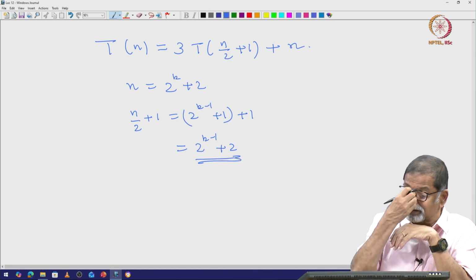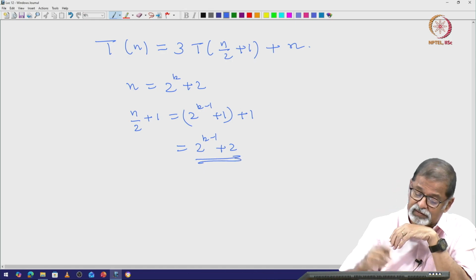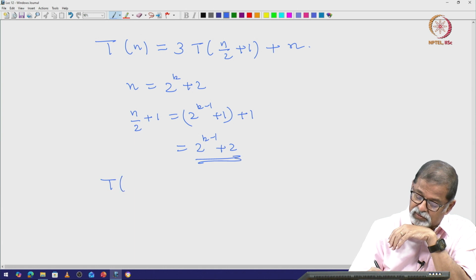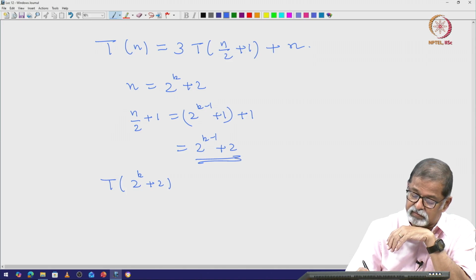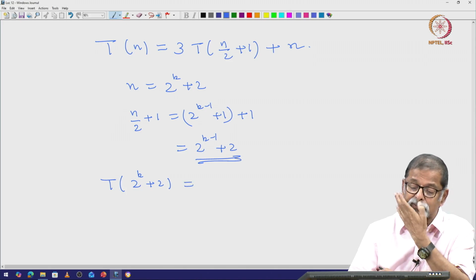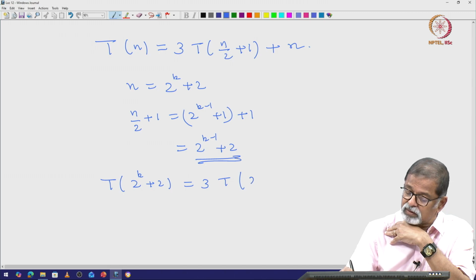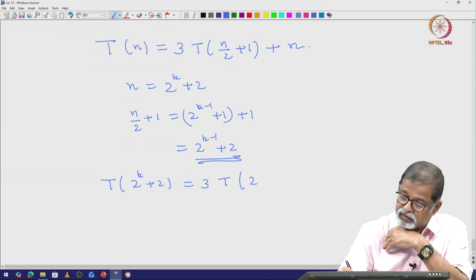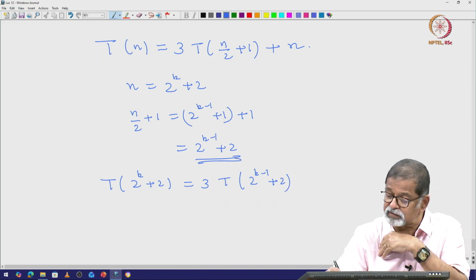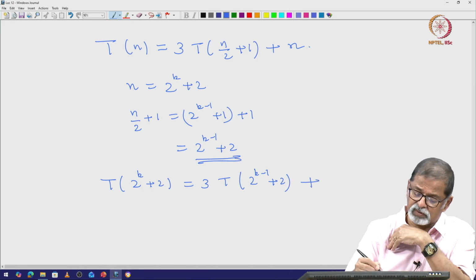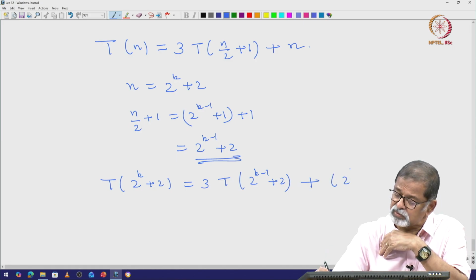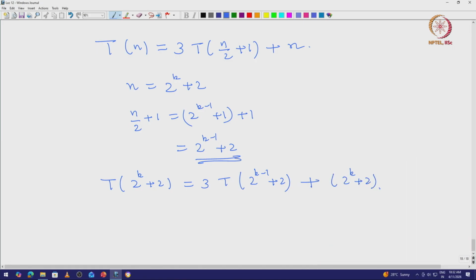So, you can see that, therefore, I can write like this, T of 2 power k plus 2 equal to 3 times T of 2 power k minus 1 plus 2 plus whatever is that value, 2 power k plus 2.